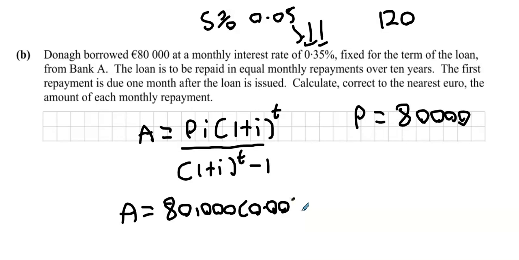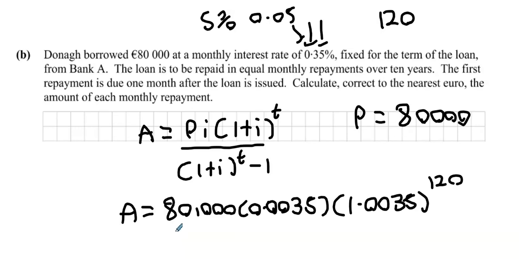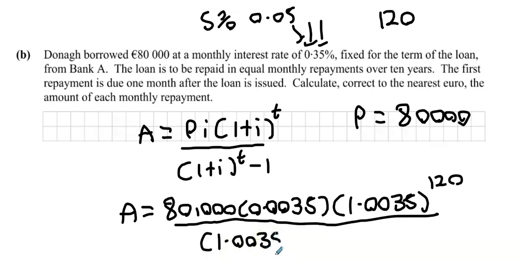It's actually what I did in the last class. I completely forgot about the zeros. Now what about the next part then? We add 1 onto that as well, to the power of 120. And then on the bottom, the same thing, isn't it? To the power of 120.